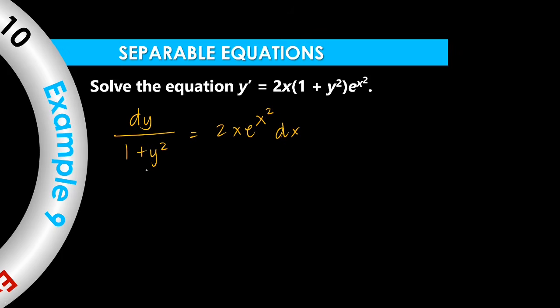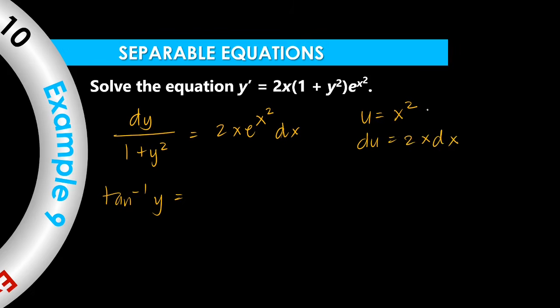If you are familiar with this term, integrating this will give us the inverse tangent of y. And integrating this term, we can let u be equal to x squared and du is 2x dx.